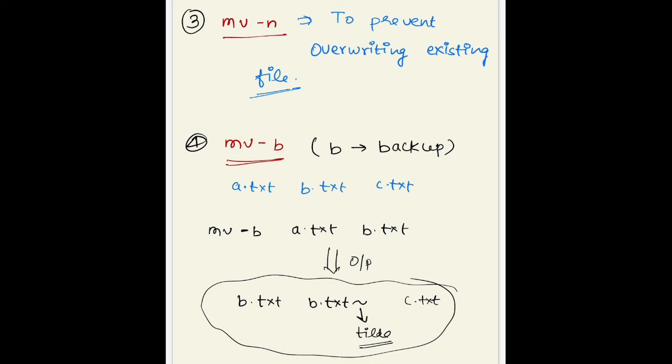Let me clear it one more time: we can use the mv command to move a file from one location to another, and also to rename a file. Now I'll show you one example where I move a directory or a file from one location to another.